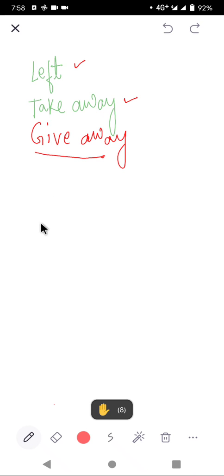If you have 8 balls and you give away 3 from 8, you have 8 balls and you give away 3 balls, so how many balls are left with you?